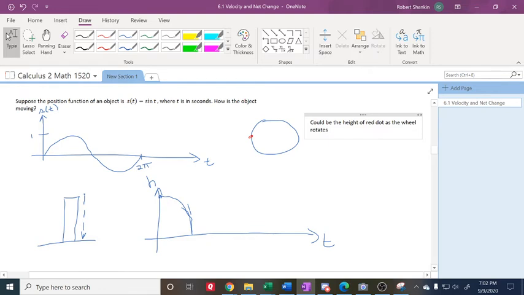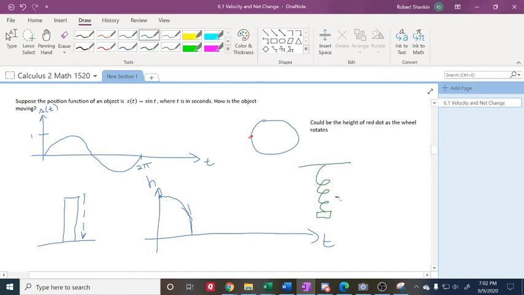It could be the height of an object on a spring. Suppose you have a spring and you have some object here. And then that's its rest position. You pull the spring up to a height of 1 up here, and then you let it go.